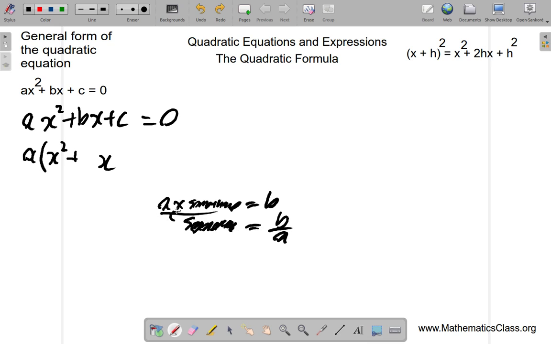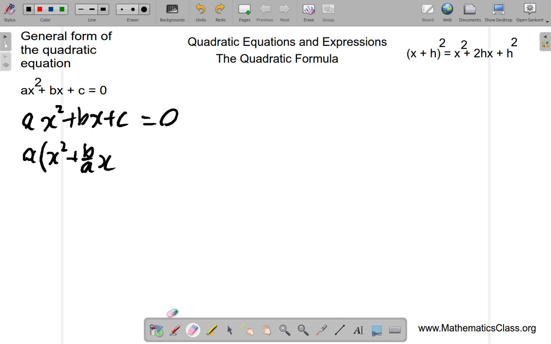You divide both sides by a, I have b over a. So a times b over a cancels a, so you get b. So it's b over a that's going to come here. Plus, we leave some space and put plus c outside the bracket equals 0.